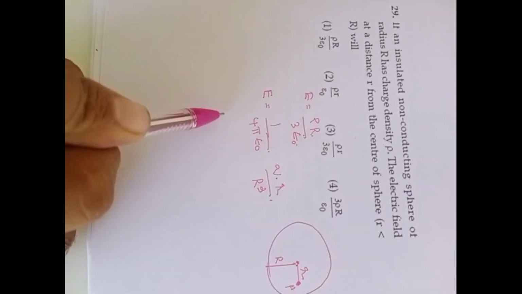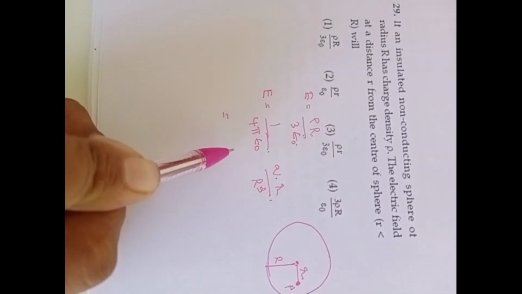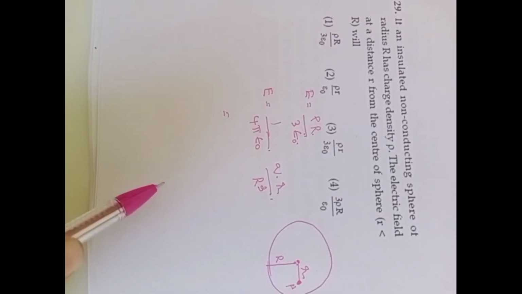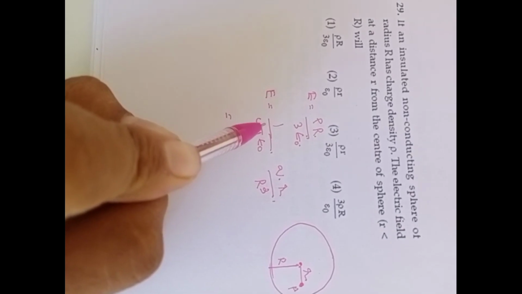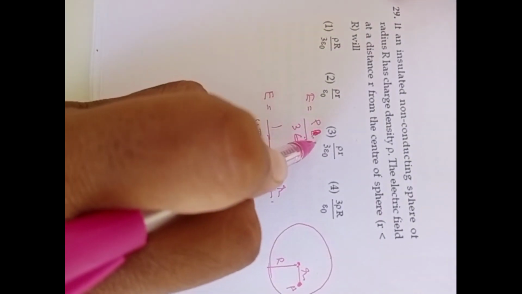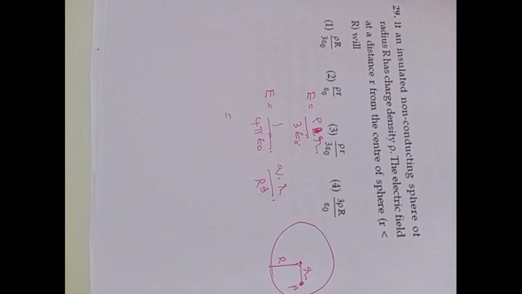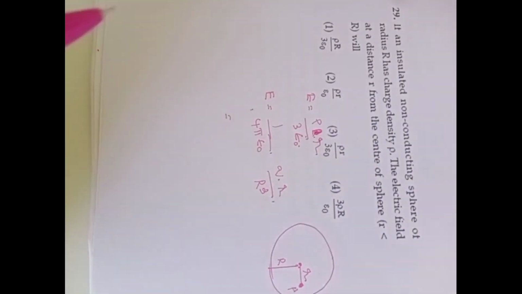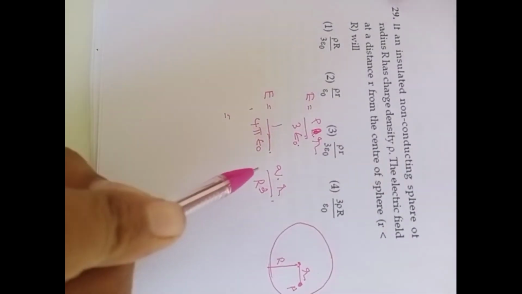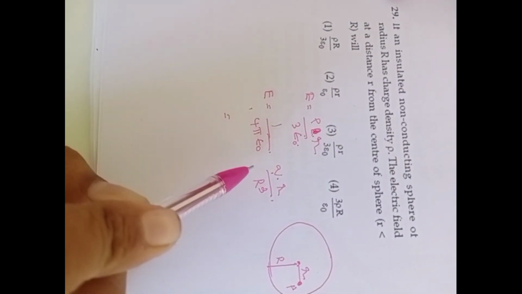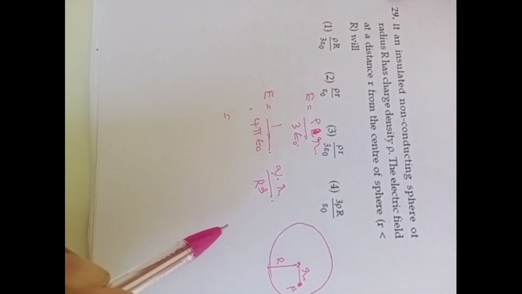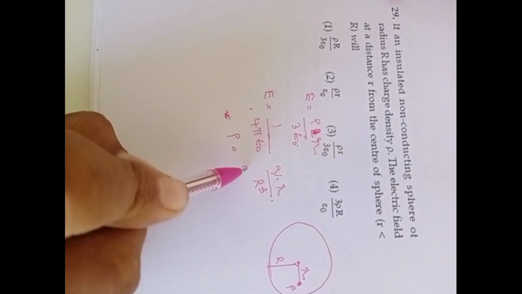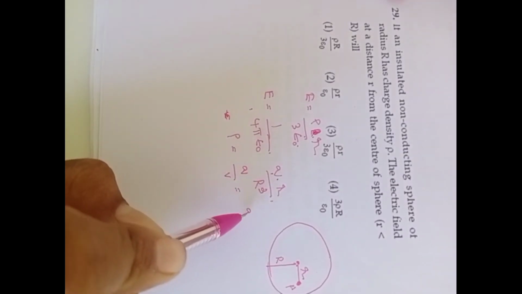So I am writing this one in this format. Rho small r, this is not capital R, rho small r by 3 epsilon naught. This is the formula, already we used this formula. Q I am writing like this. Volume charge density means charge per unit volume.